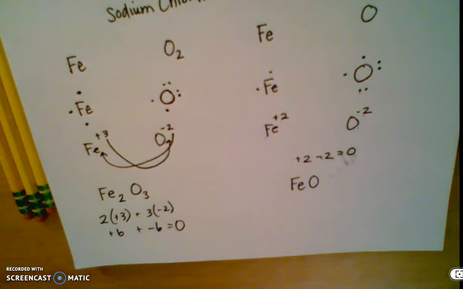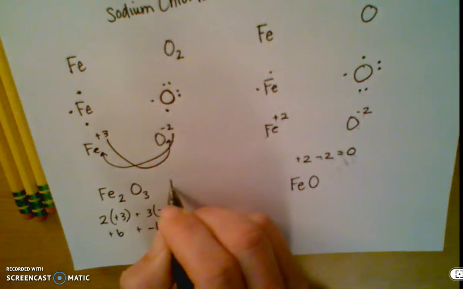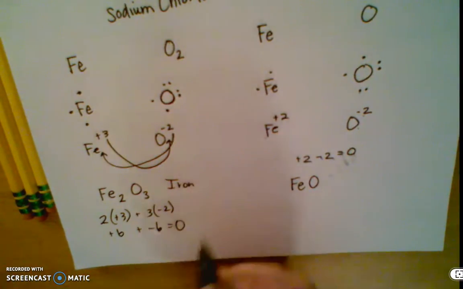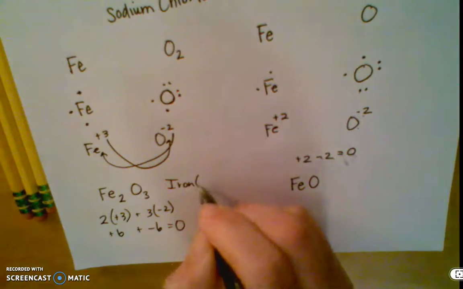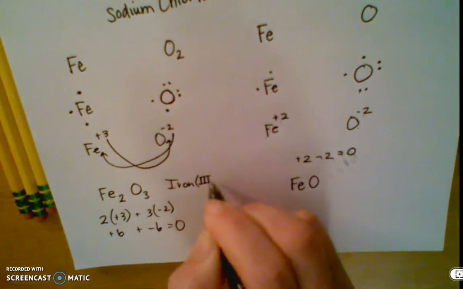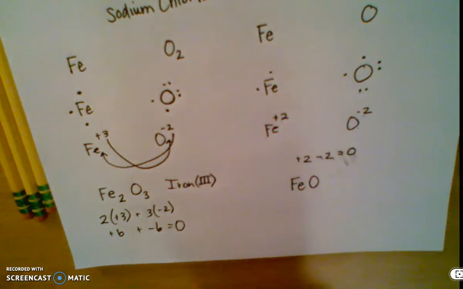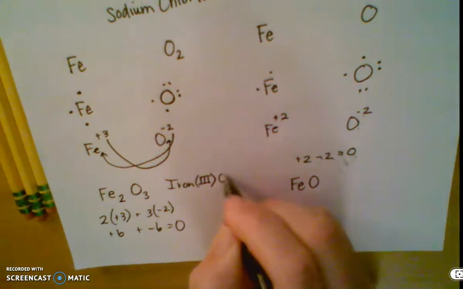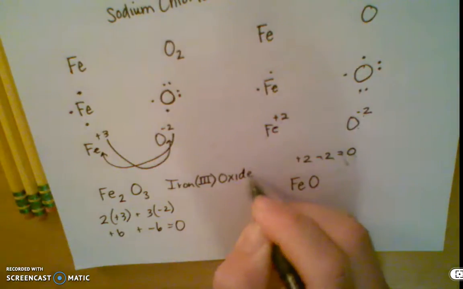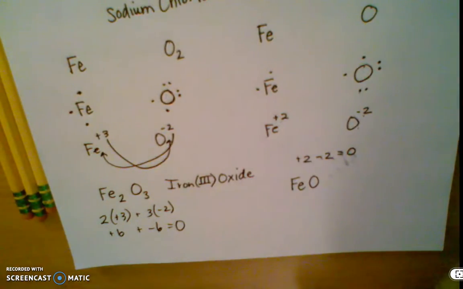Now, when we're naming these, because of the fact that the irons are 2 different ions, you're going to name this iron, and because it's a +3, you're going to put a Roman numeral 3 here to distinguish that this was an iron +3. And then this would be oxide for the ide that we add to the cation.